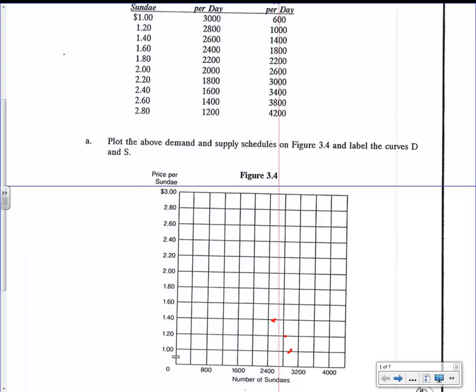Okay, I'm going to go on up. You can plot each one of those, or you can just find several of those and plot them so that we can connect the dots. I'm going to go to $1.80, and at $1.80, we have 2,200.